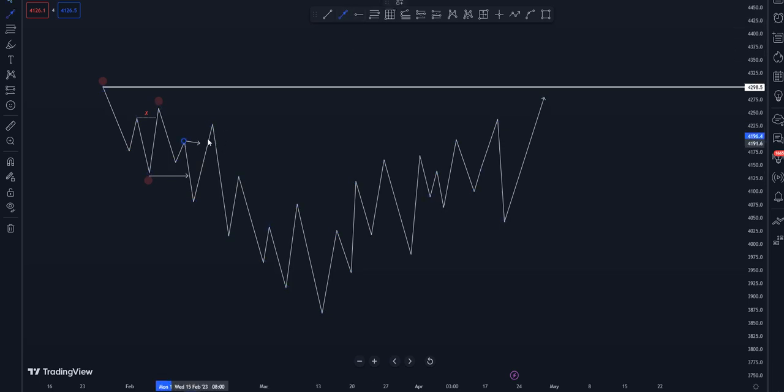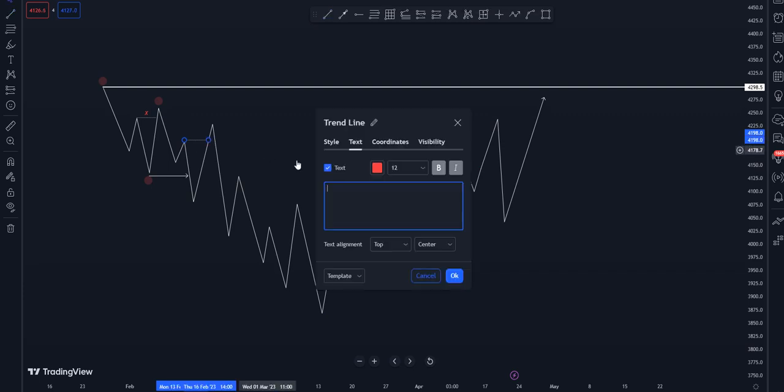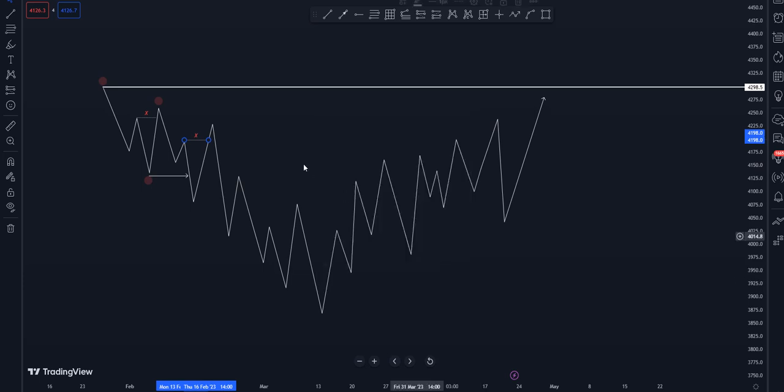The minor inducement is also considered an inducement. It doesn't have to take out the external high. After taking any minor inducement, then you know that this is confirmed, guys. Then you can say, okay, this is our break of structure.